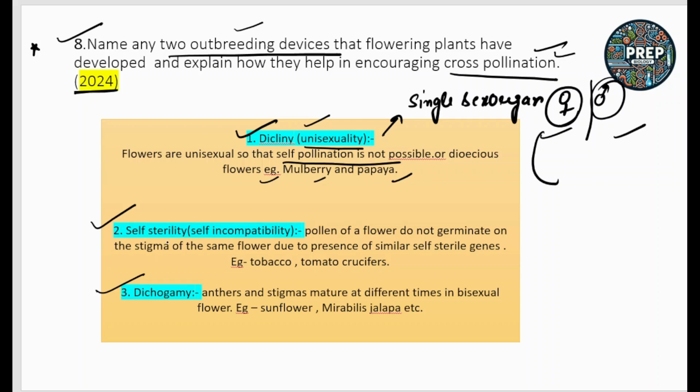The second outbreeding device is self-sterility. Self-sterility or self-incompatibility means the pollen of a flower does not germinate on the stigma of the same flower due to the presence of similar self-sterile genes.